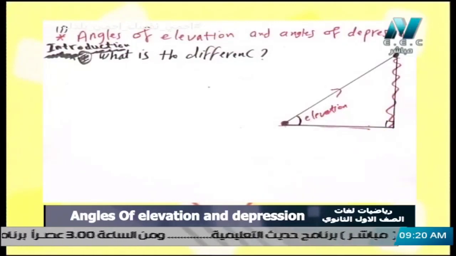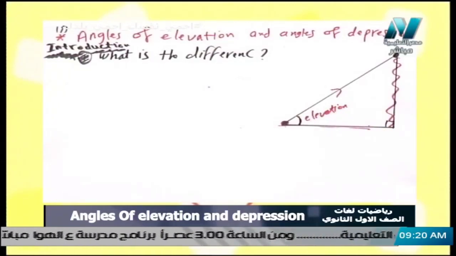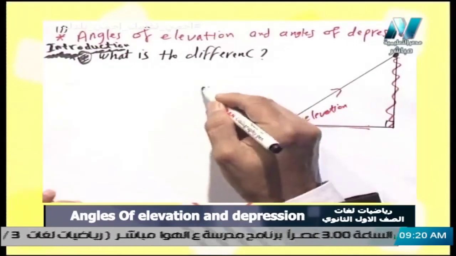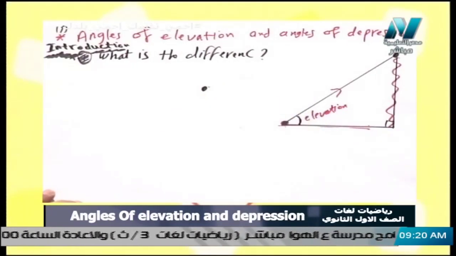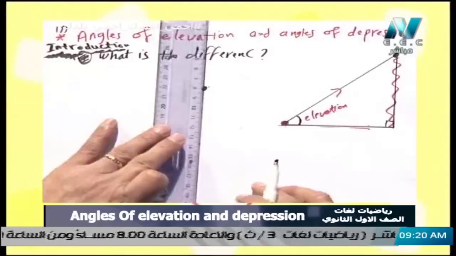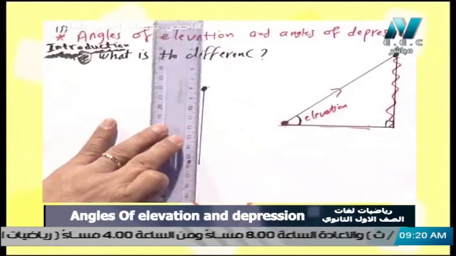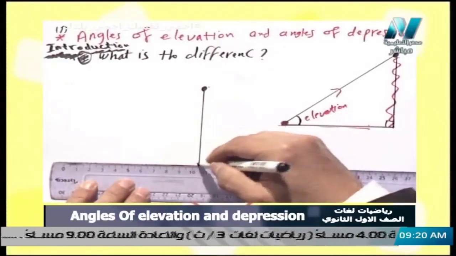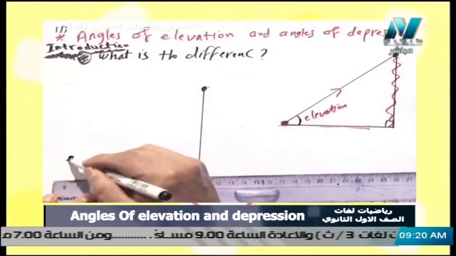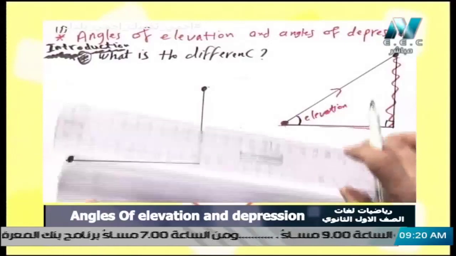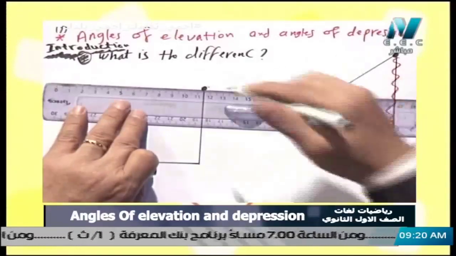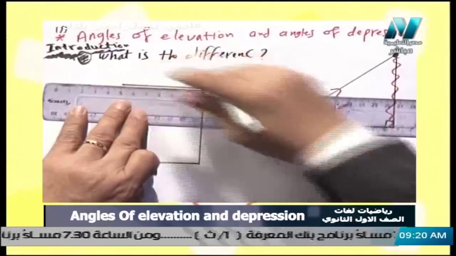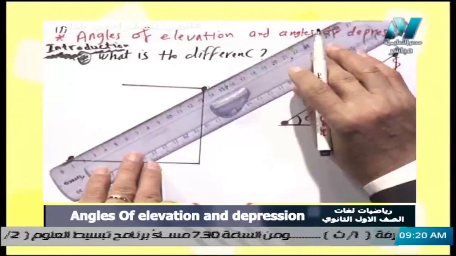Okay, but if we have someone here on top of a tower or a rock or anything high, and he looks to something here on the ground, so we will draw the angle of depression as this one.